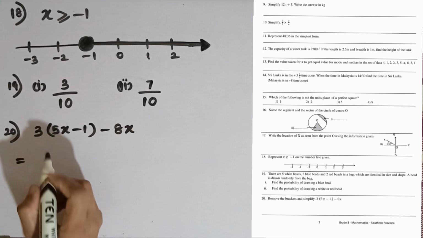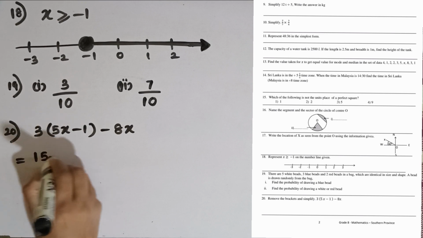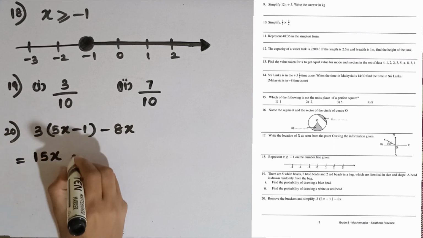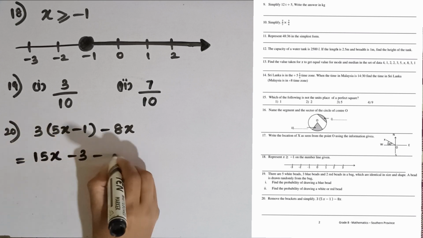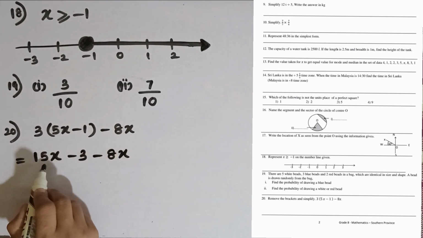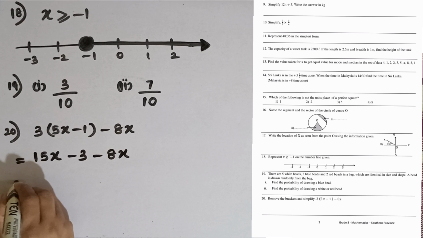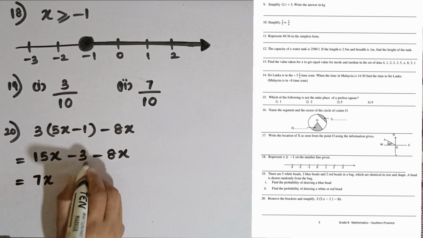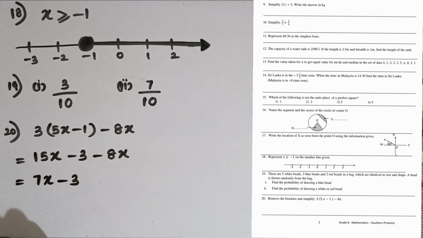So 3 times 5x is 15x. Then 3 times minus 1 is minus 3. Minus 8x. Then we can simplify the like terms. 15x minus 8x is 7x. 7x minus 3. That is the last answer.